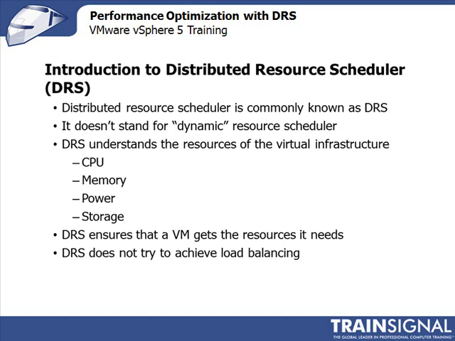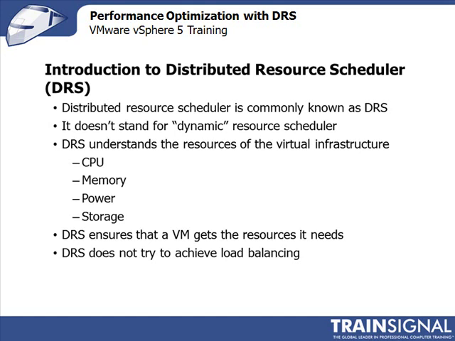It's not trying to just make sure that every ESXi server has the exact same CPU utilization. What it does is it's looking at the resource requirements for the virtual machine. It checks to see if that virtual machine is getting the resources it needs from the current ESXi server that it's on. If it isn't, it considers moving it to another ESXi server where it might be able to get the resources that it needs.